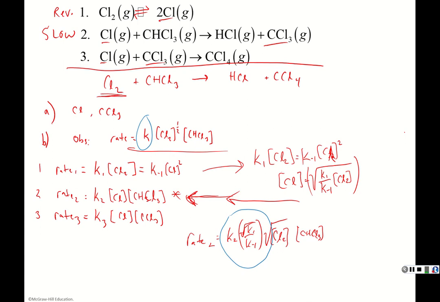That's our new k value. It's a constant. The square root of Cl2 concentration is the same as that. And we're multiplying by the concentration of CHCl3, and that is that. So yes, this mechanism is consistent with what we are observing for the rate law.